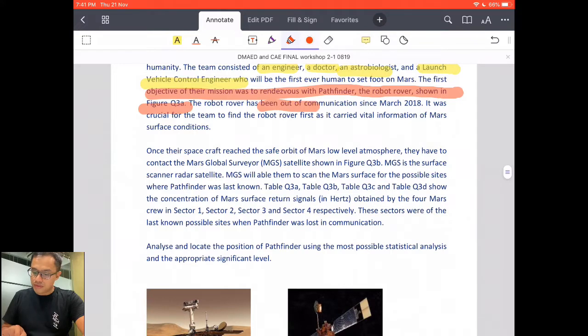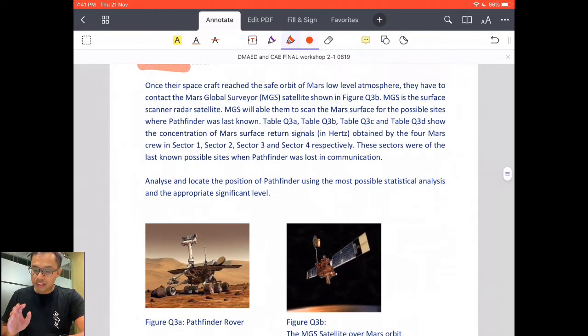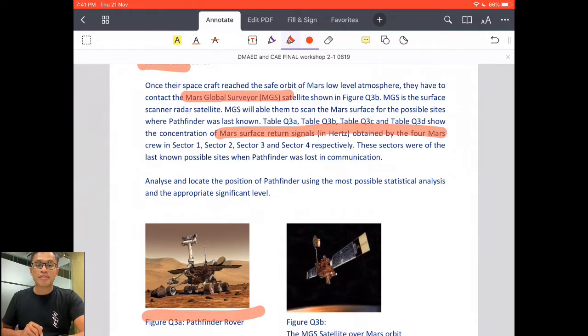Because it has been out of communication since March 2018, and it carries vital information about the Mars surface condition. Once they are safely in orbit, they contact the Mars Global Surveillance Satellite, and from there they read the pings, or the hertz, the return signals obtained from the Pathfinder rover.